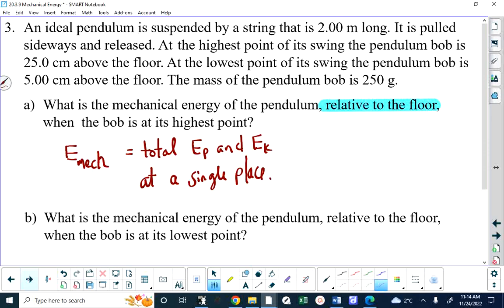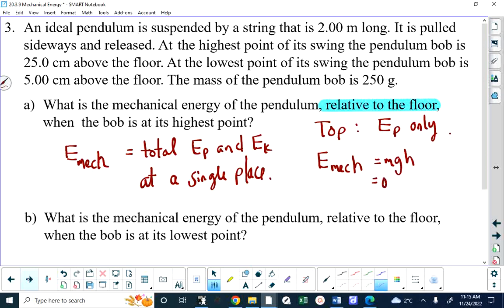But at the top of the swing, there is only potential energy. So the mechanical energy at the top, which since it's an ideal pendulum, is the mechanical energy in the system, anywhere, is simply going to be mgh.